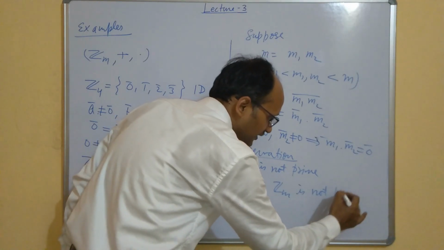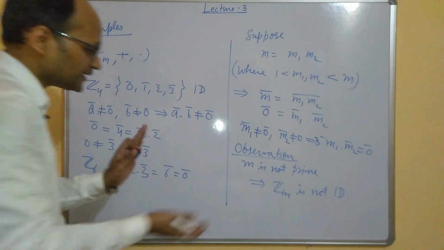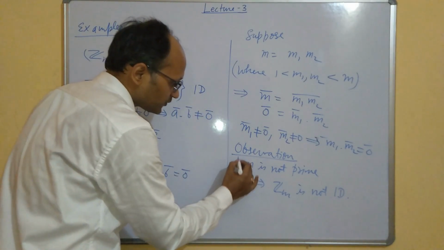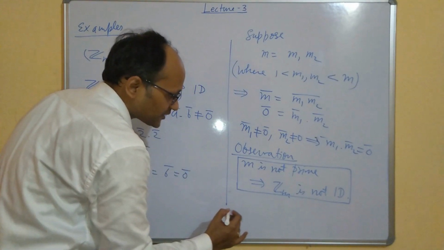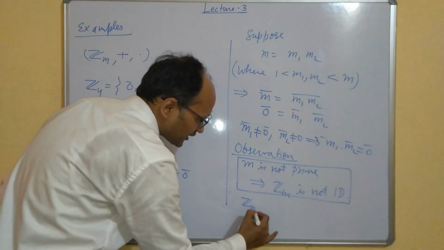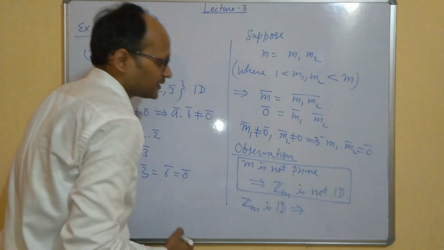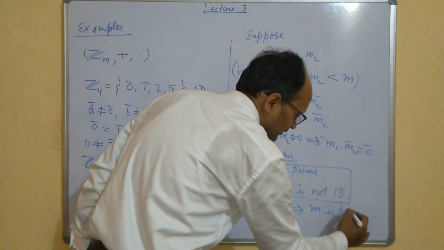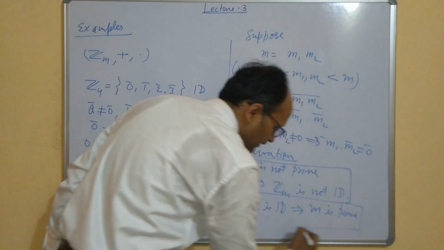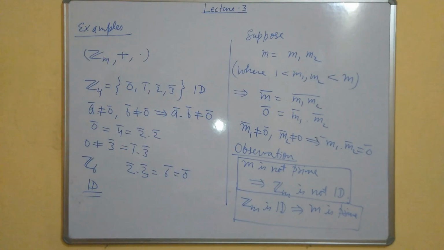Logically, this statement is equivalent to another statement: Zm is integral domain implies m is prime. Zm is integral domain implies m is a prime number.